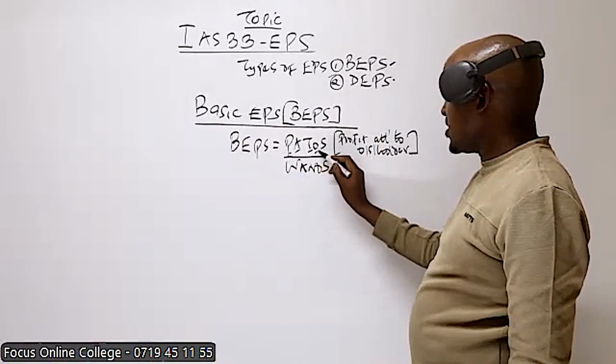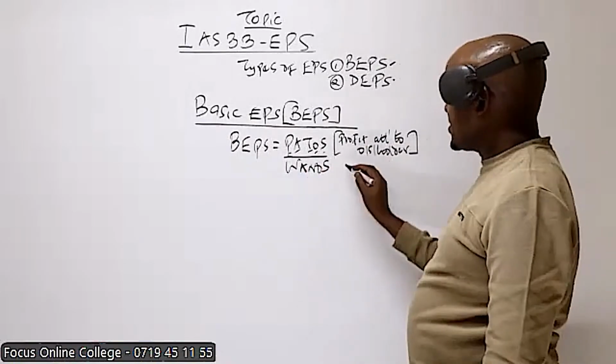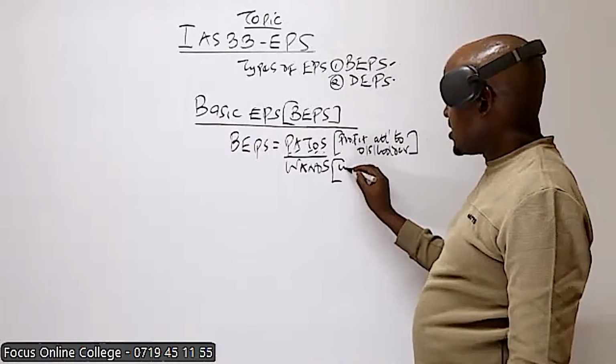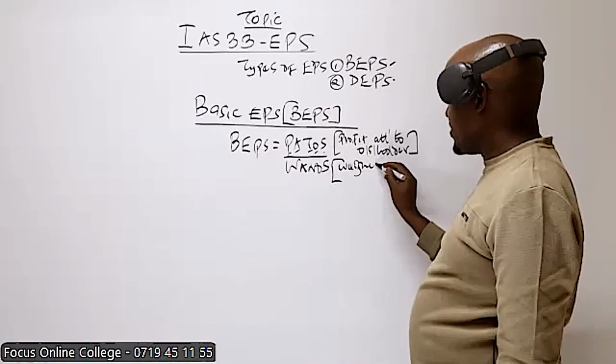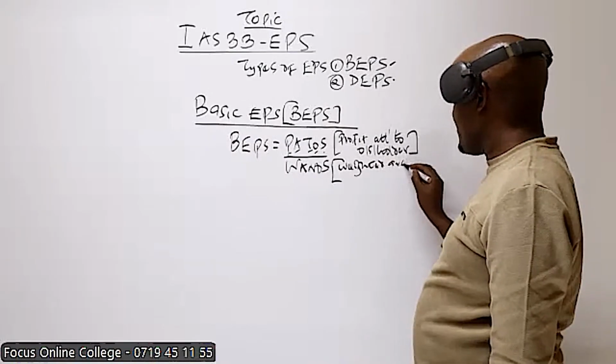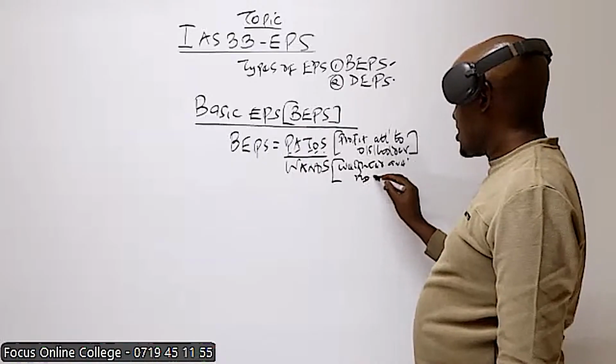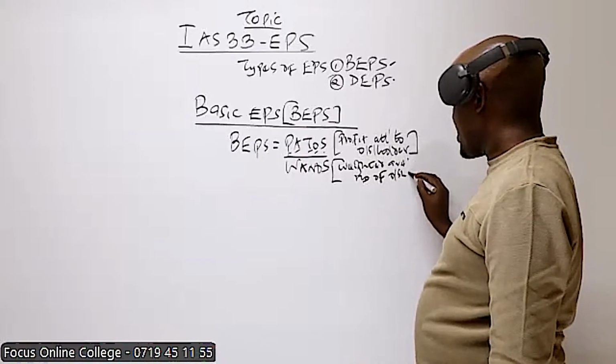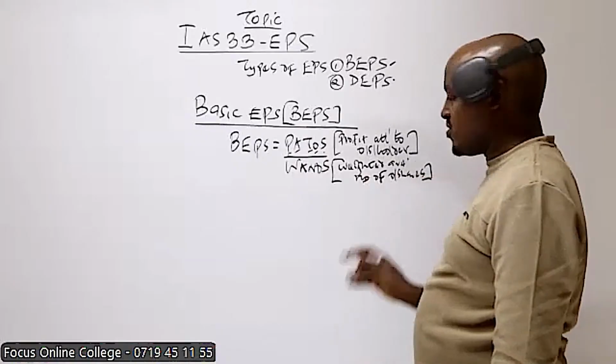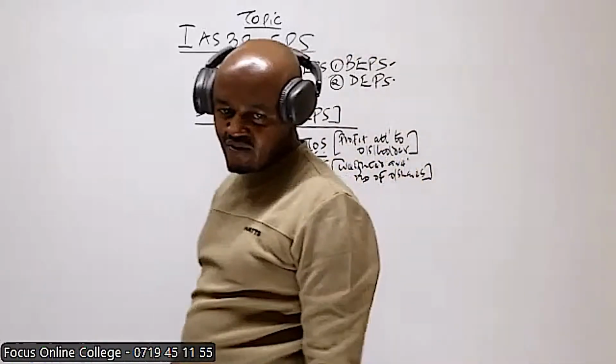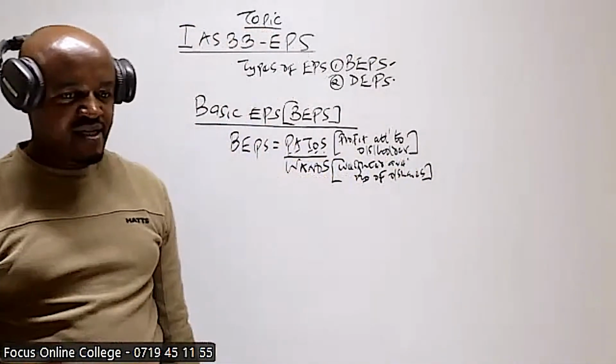We divide that by the one-offs, which is short for weighted average number of ordinary shares. So that's how we compute the basic earnings per share.